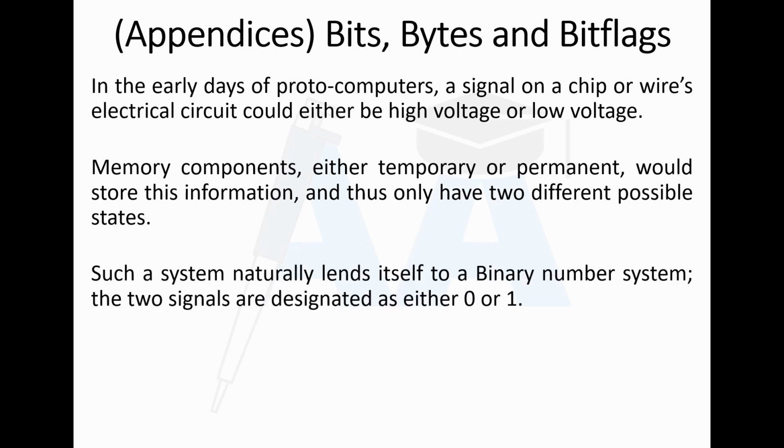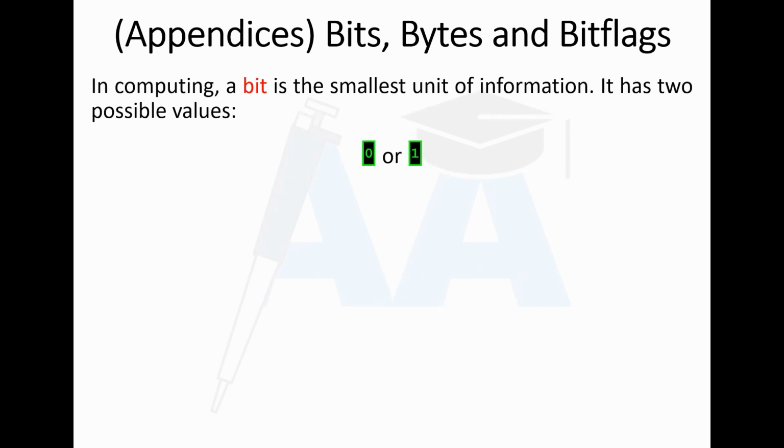Such a system naturally lends itself to a binary number system, with the 2 signals being designated as either 1 or 0. The smallest unit of information in computing came to be called a bit, and it is a unit of information with only 2 possible values, 1 or 0.